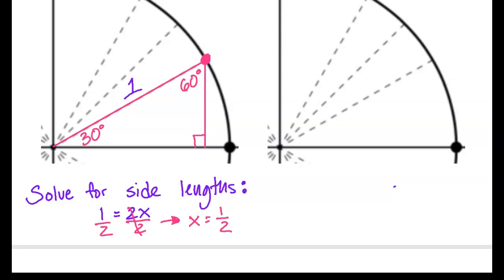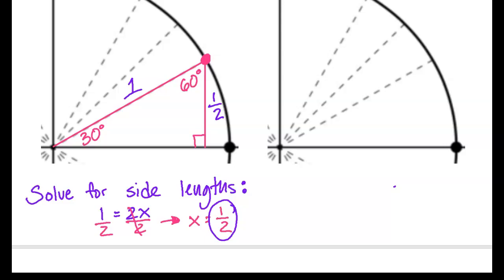Now, what are the other side lengths on this triangle? Yeah, so the side length across from the 30 is 1/2, right?